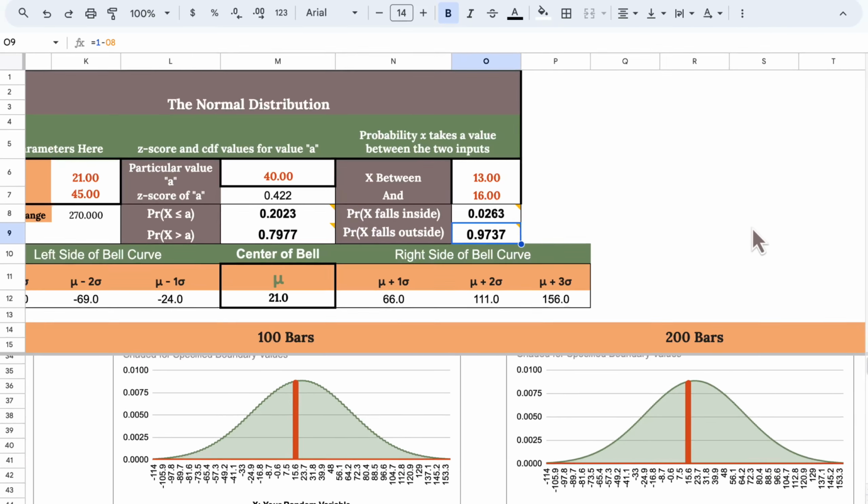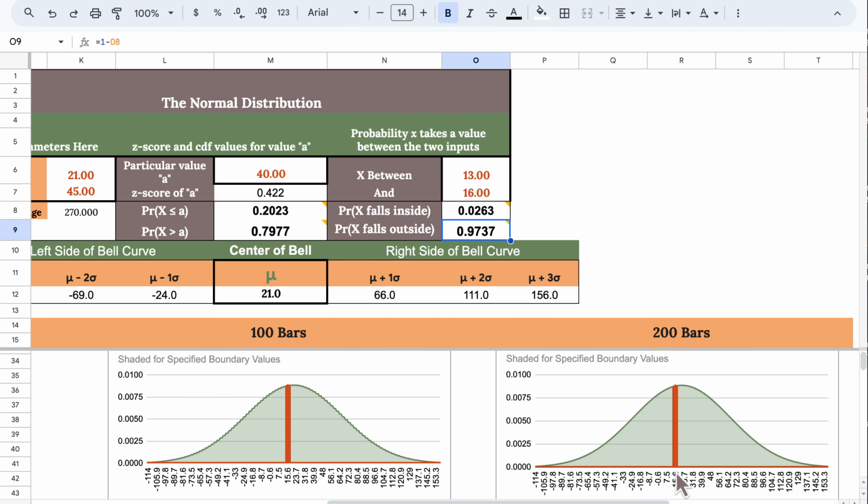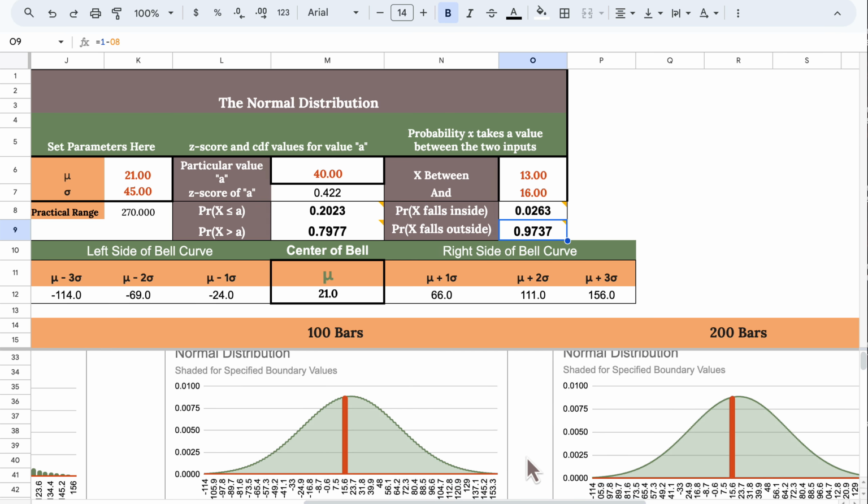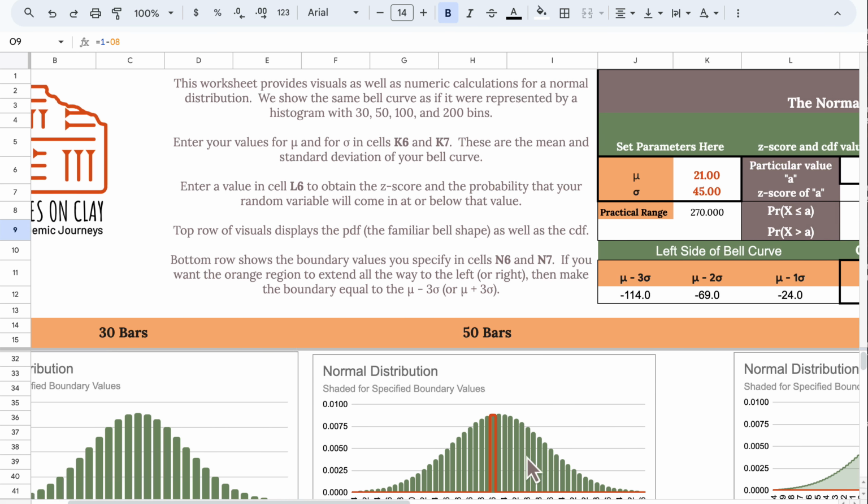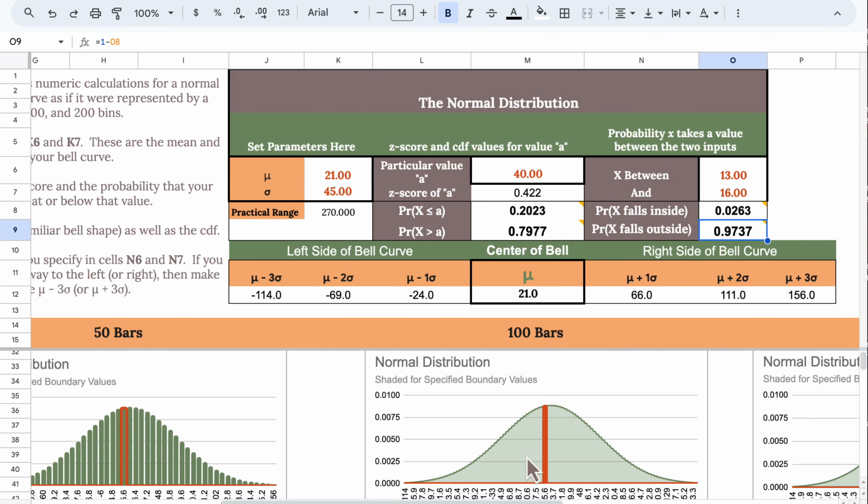And we get a sense of what that looks like here. Just the amount of space that lives within the bounds is actually quite small. Whether we're using 200 bars, 100 bars, whatever, we're getting a sense as to what that looks like.